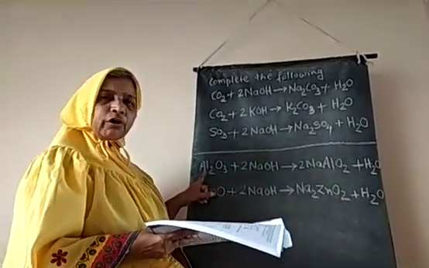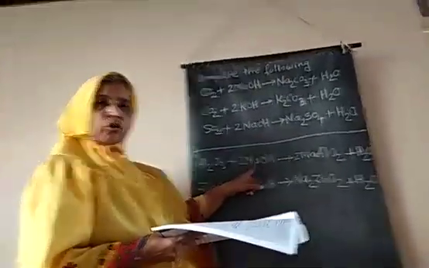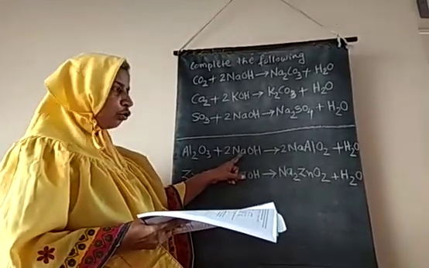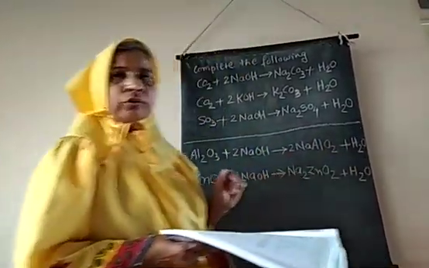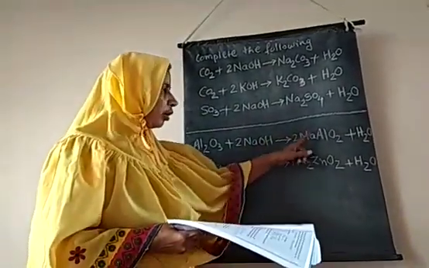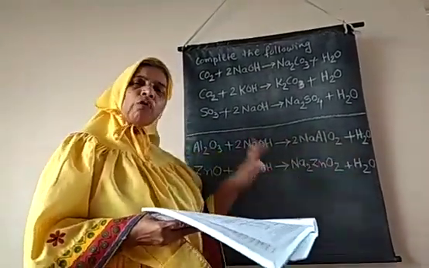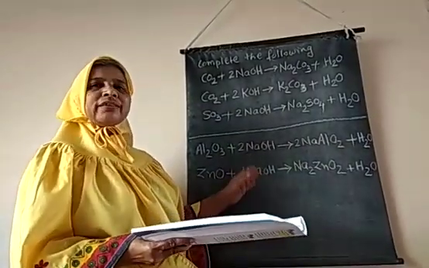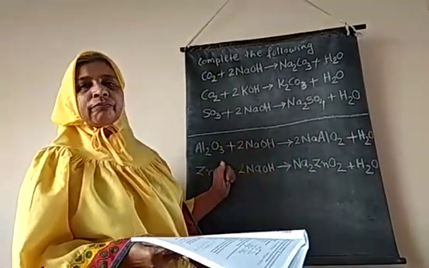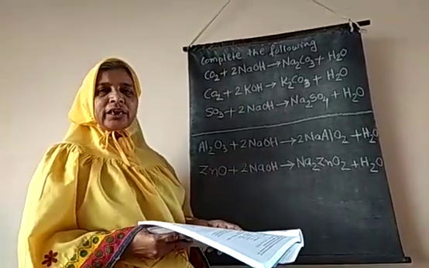Similarly, aluminium oxide and sodium hydroxide combine to form sodium aluminate and water molecule. In both reactions, the corresponding salt and water are formed only, but this reaction is acidic in nature.